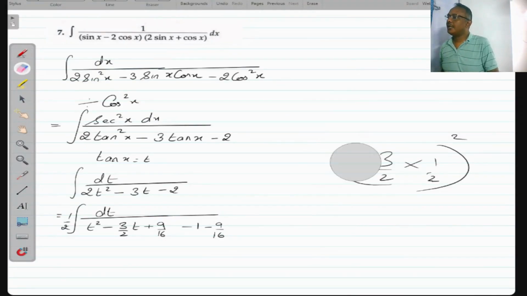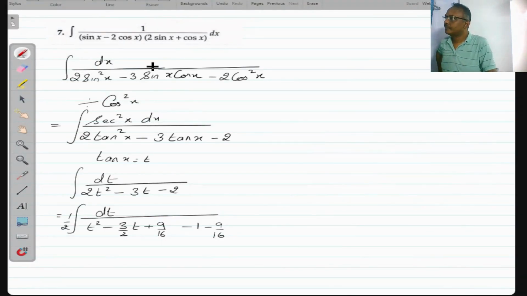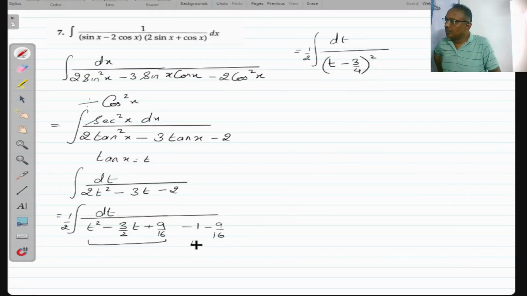So this will now become integral dx t upon... These three terms combine together as t minus 3 by 4 whole square. These two terms is 16, 9, 25.